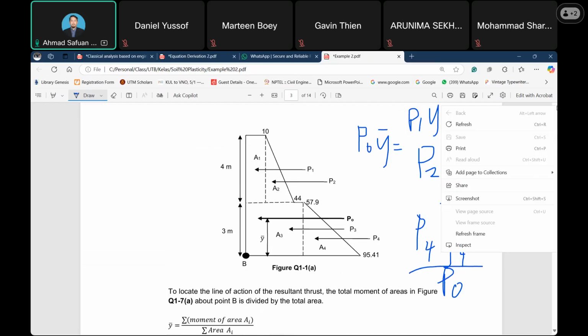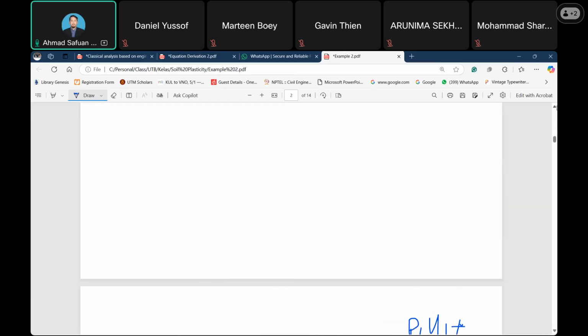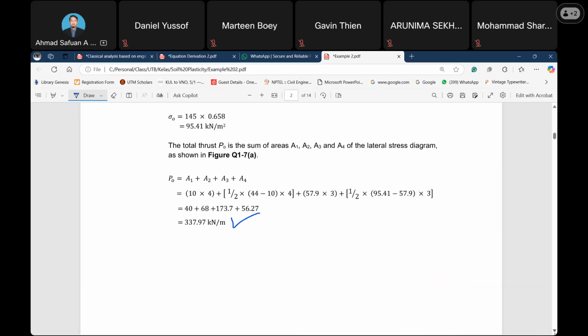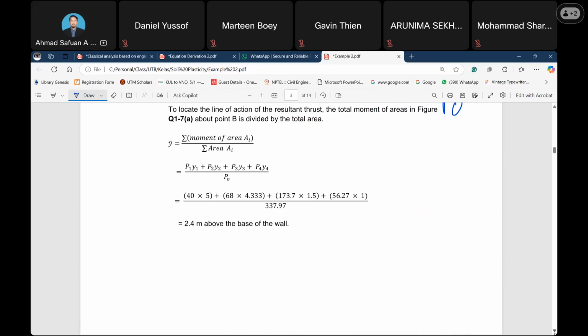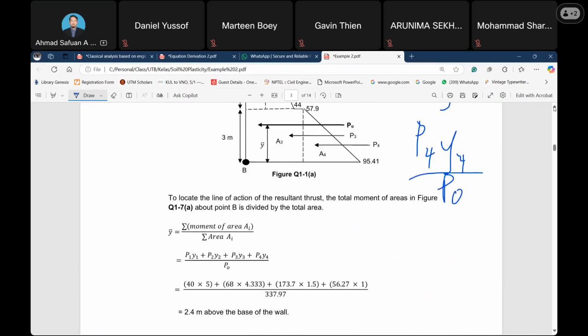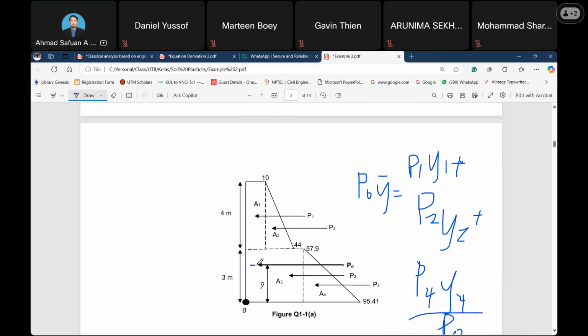The P naught here is 337.97. So the location of the resultant thrust is 2.4 meter above the base of the wall, 2.4 from the base of the wall.